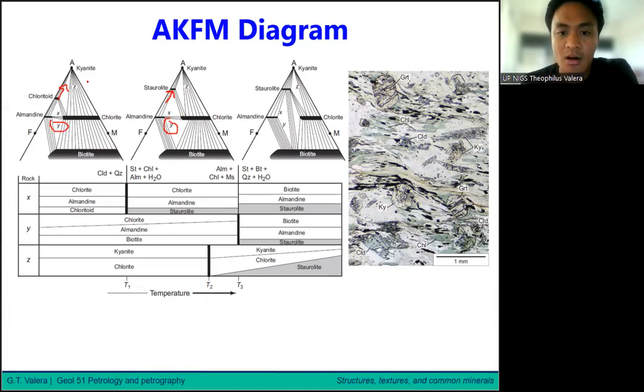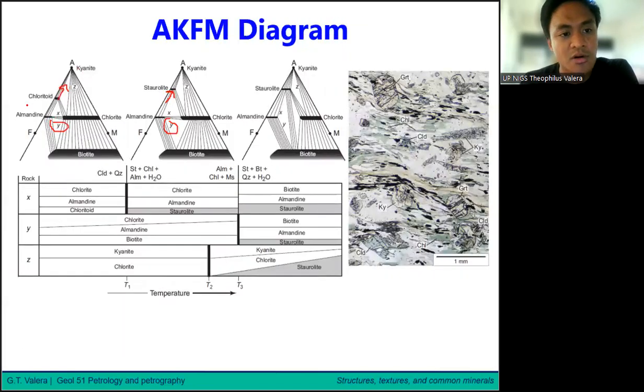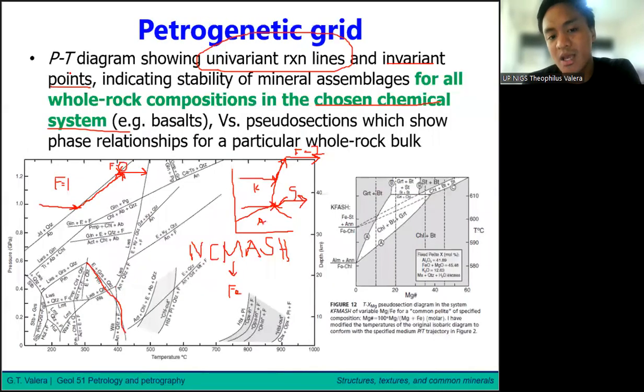So, ang point is, sa petrogenetic grid, it will show yung chloritoid to staurolite transition, pero it may or may not appear sa actual rock mo. So, there is a variation ng petrogenetic grid which shows which reactions are actually applicable sa particular bulk composition mo. And that is what we call a pseudo-section.